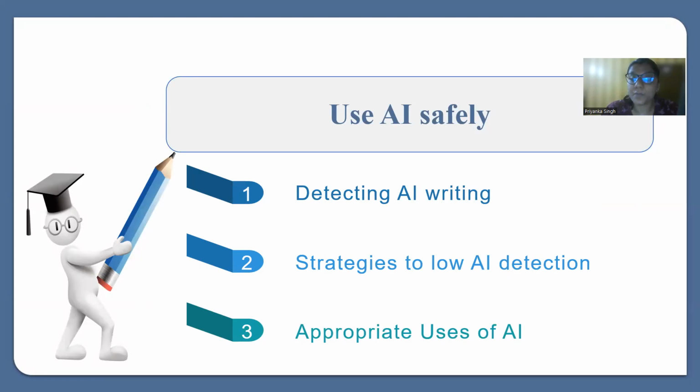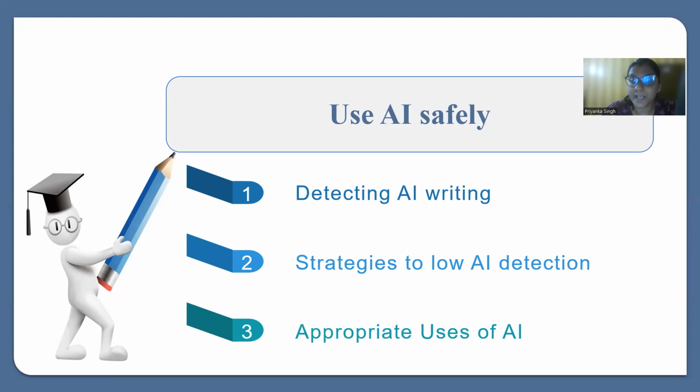In this class, we will cover three main sections. First, we will look at how to detect AI writing and understand the key features that make AI-generated content identifiable. Second, we will explore strategies to reduce the likelihood of your work being flagged as AI-generated, focusing on practical techniques to make your writing appear more authentic.